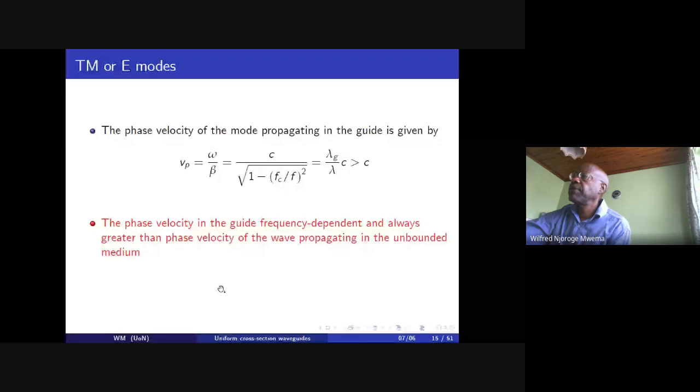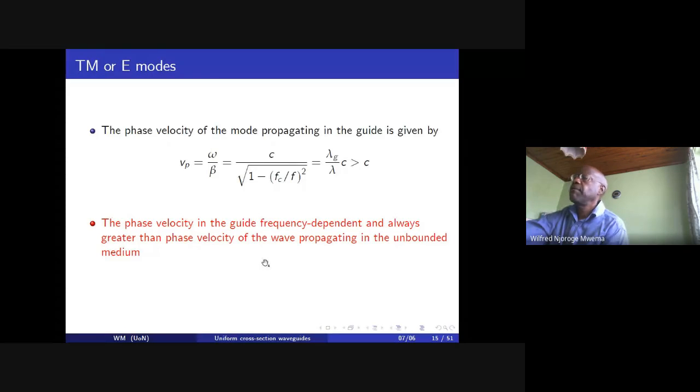And because it's dependent on the frequency of the signal, the waveguide is inherently dispersive. That is, high frequency components will be traveling near the speed of light in the unbounded medium, while the low frequency ones will be traveling slower.